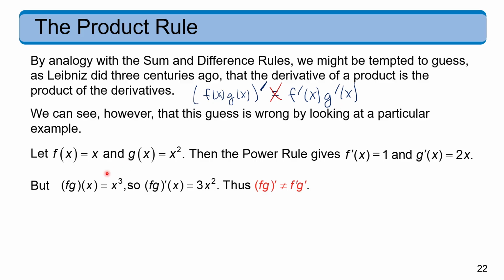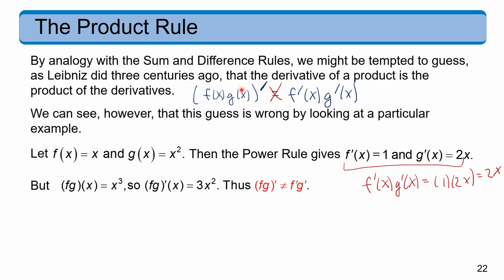It's easy to calculate: f prime is 1 and g prime is 2x using the power rule. So if we go ahead and multiply those, f prime times g prime would be 1 times 2x, which simplifies to 2x. So that's what we get for the right-hand side.